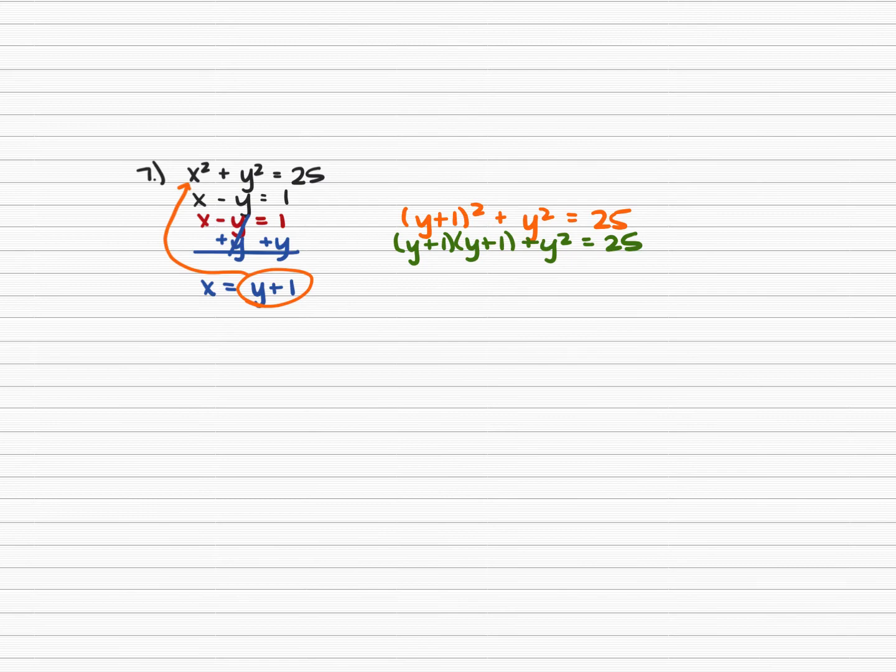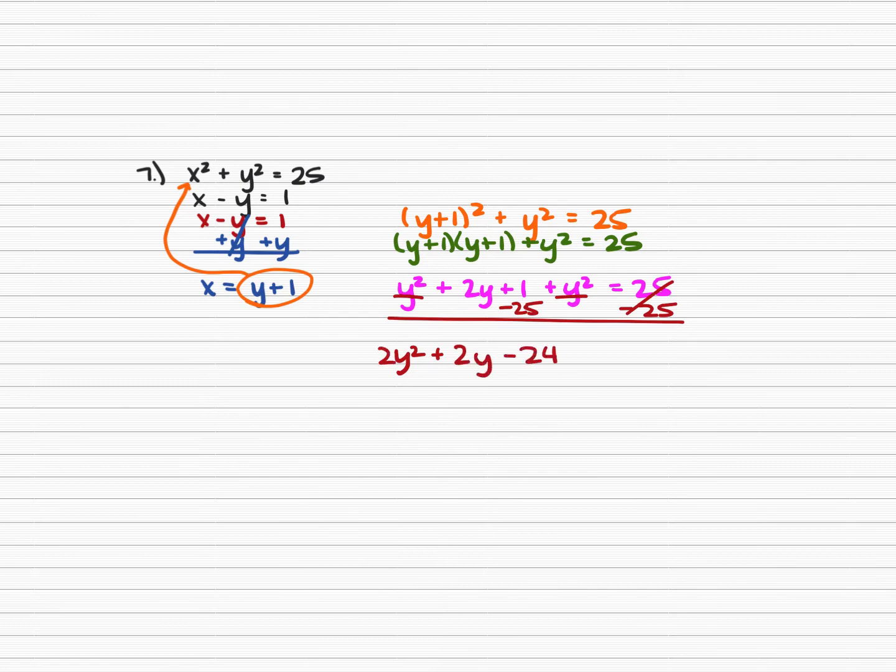When you FOIL this out, you're going to have y squared plus 2y plus 1 plus y squared is equal to 25. Combine your like terms, move the 25 over by subtracting it from each side. You're going to be left with 2y squared plus 2y minus 24 is equal to 0.